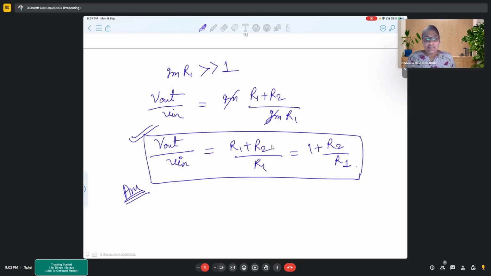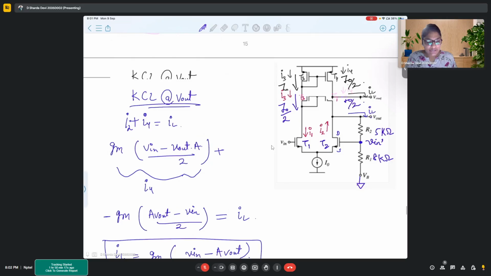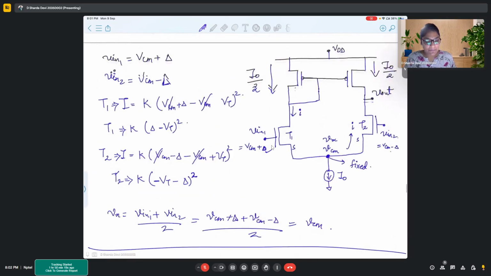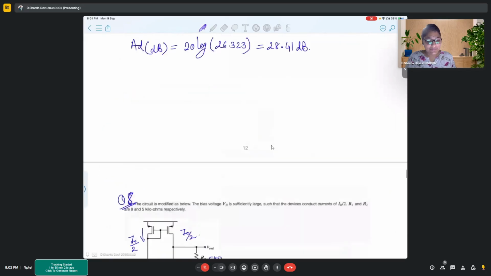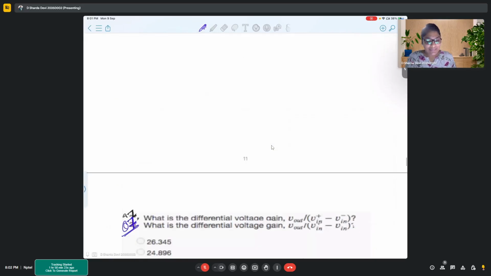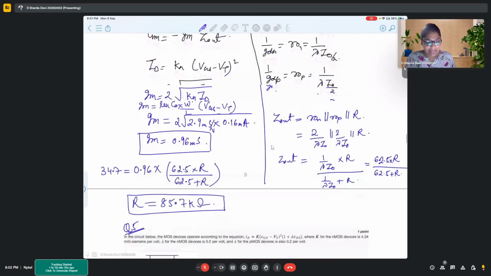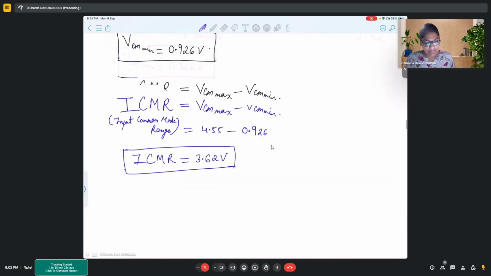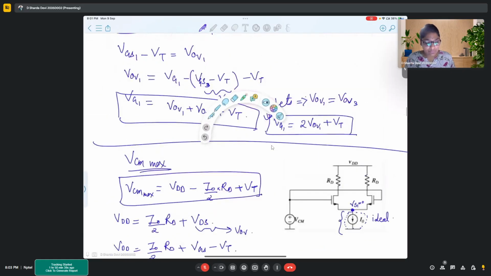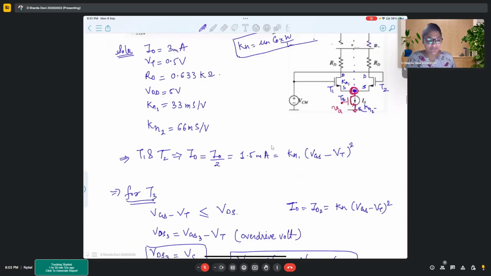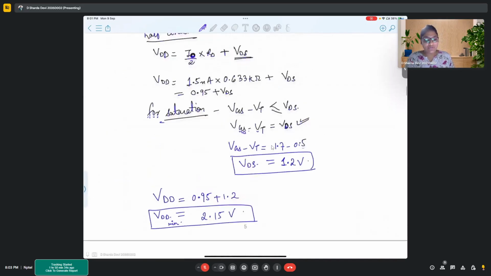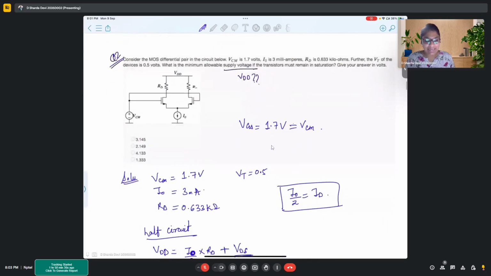Okay. So I know this is very new, differential pair. Since this is the first lecture, you might feel it a little difficult, and it's a little new. There are certain assumptions that we have to take. So maybe you can go through these notes once again.